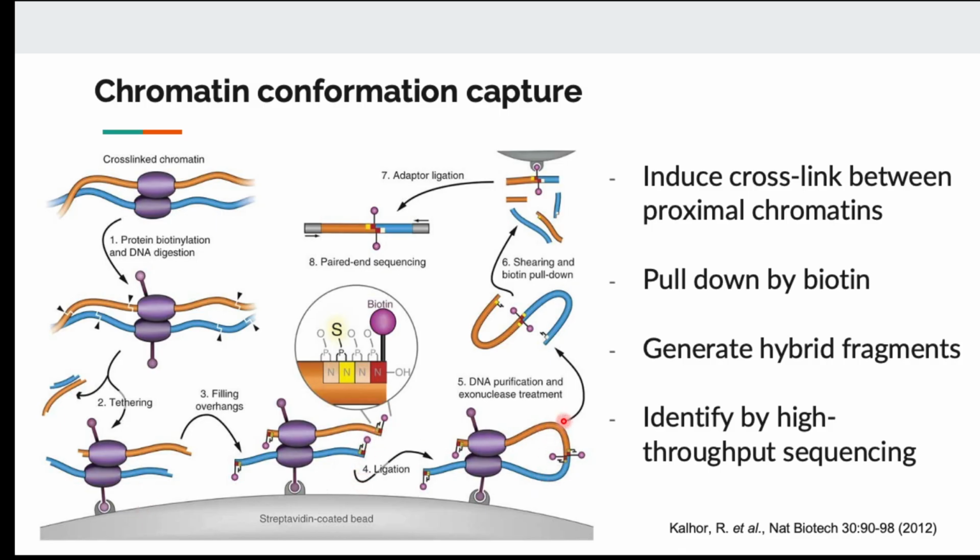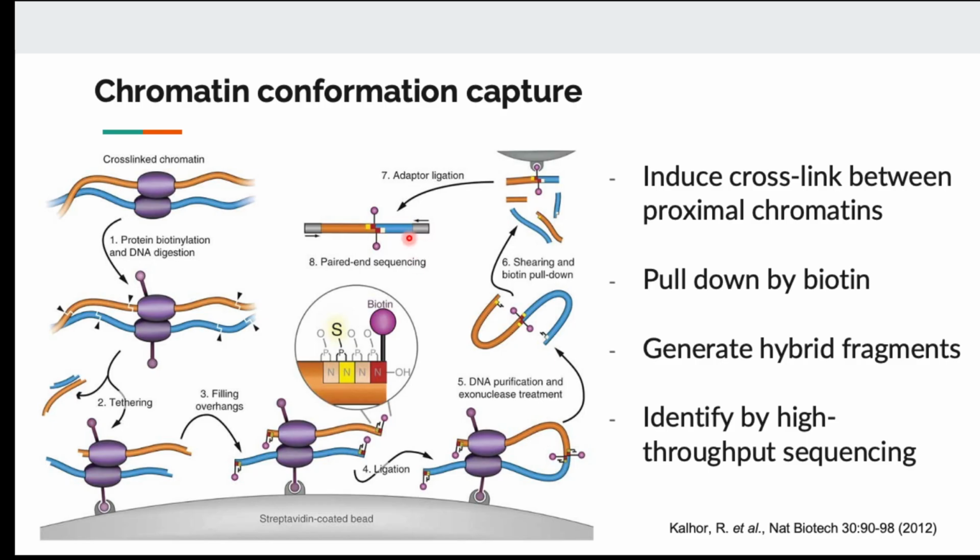So we create this kind of a hybrid DNA fragment, where one end comes from one region of the genome, the other end comes from a different region of the genome. And then we can sequence this hybrid fragment. And the paired-end sequencing will tell us which part of the genome the orange segment is from, which part of the genome the blue segment is from.